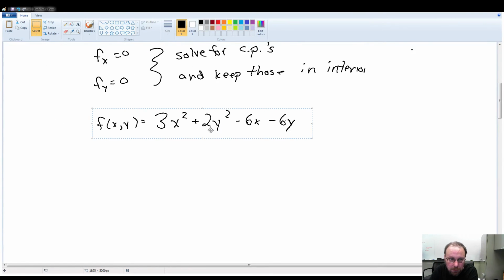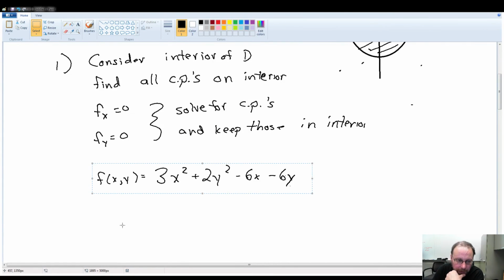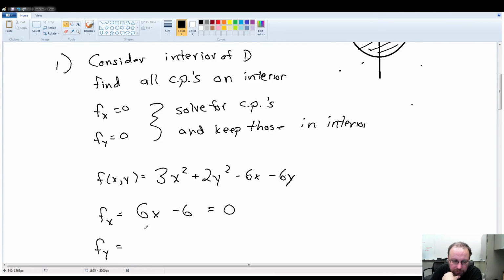So here's my function, and I'm doing the first part, where I'm just finding critical points and keeping the ones that are inside my region of interest. We set the partial with respect to x equal to 0. Partial with respect to y, set equal to 0.